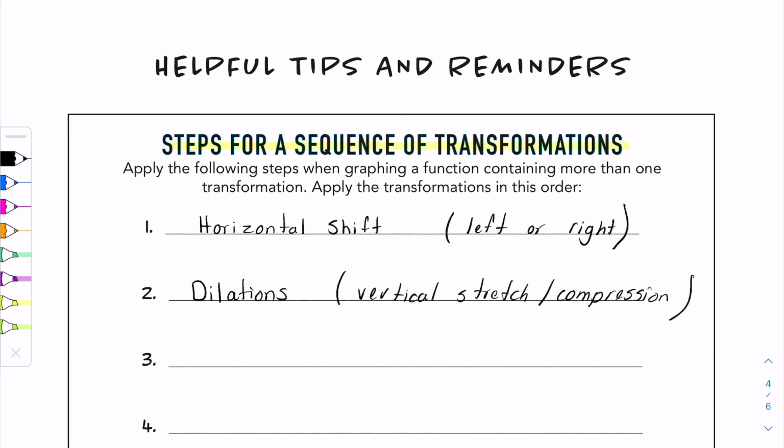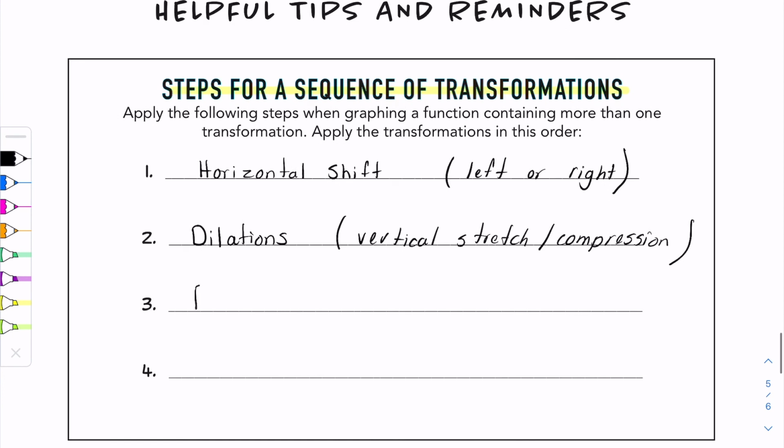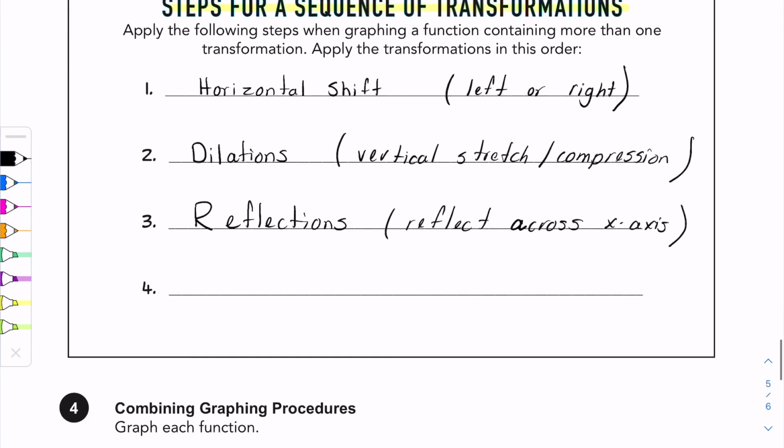The third step that you would perform is reflections. And we are only looking at reflections across the x-axis. And the last operation that you do is the vertical shift. And the vertical shift is when you shift up or down.